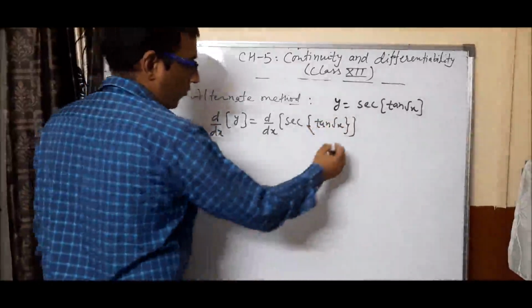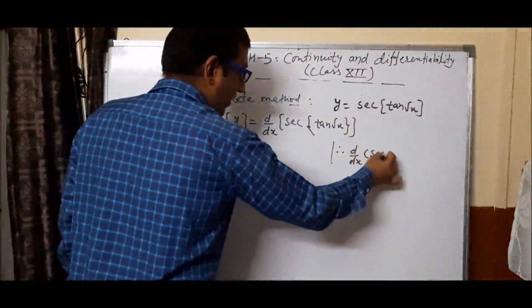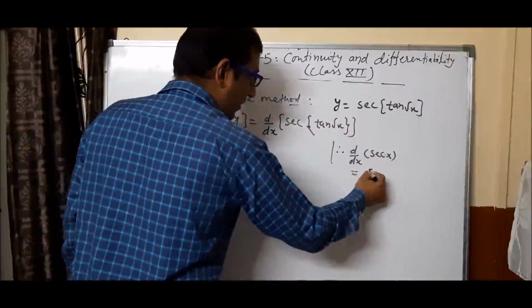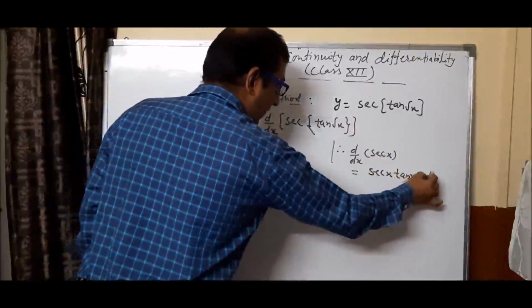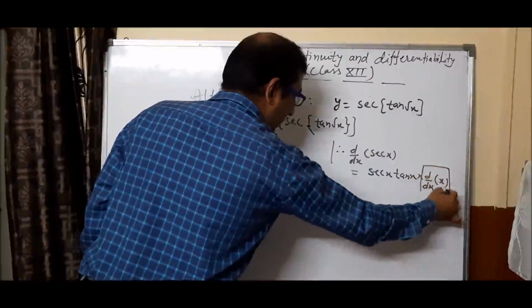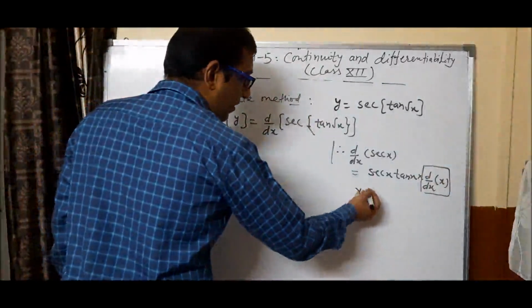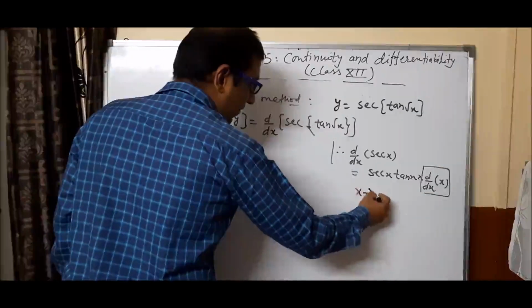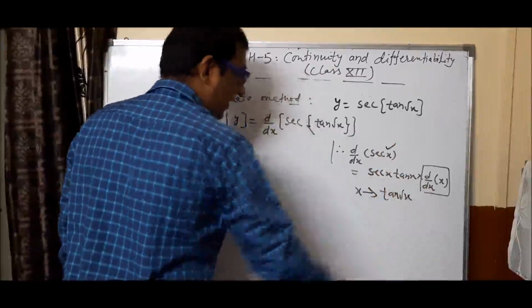What is the differentiation of sec x? As I told earlier, it becomes sec x into tan x, or it is better if we write d by dx of x, because we know d by dx of x is also 1. So again we change this x to tan root x.